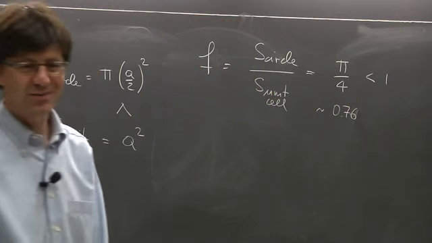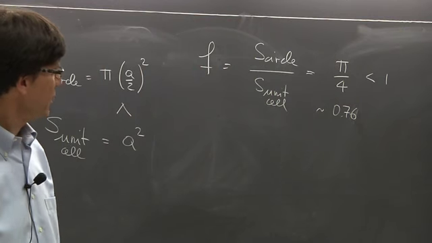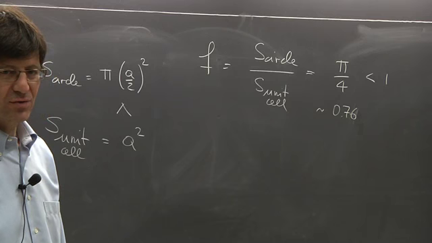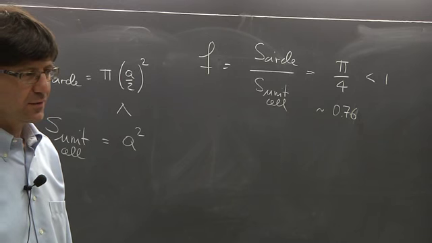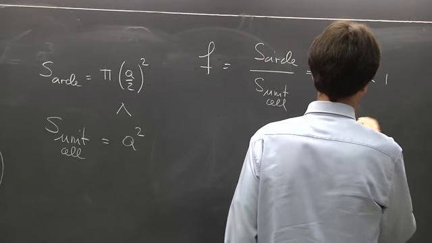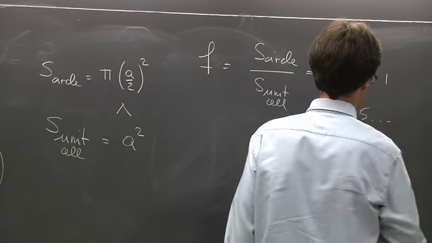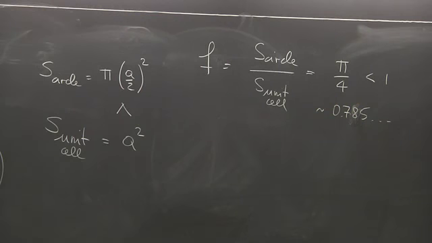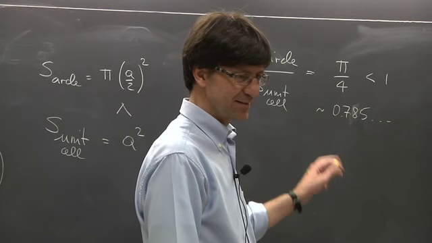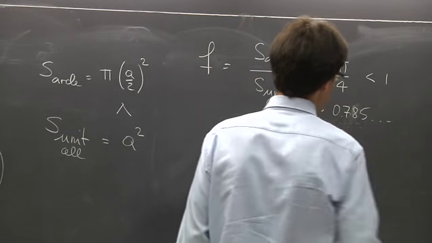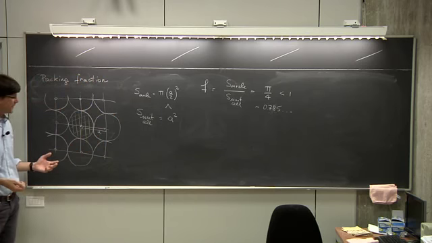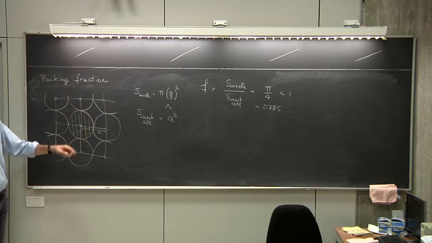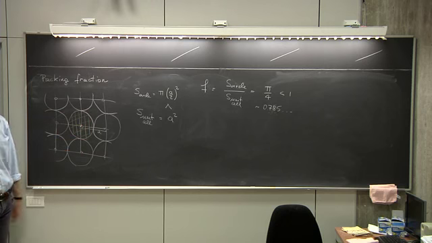Does anybody have a calculator? 0.785. Can anybody give me the number? Oh, you did it already. Okay, fine. Correct? So that is roughly 78% of the space is going to be occupied by the spheres, and the remaining 22% of the space is going to be left empty.